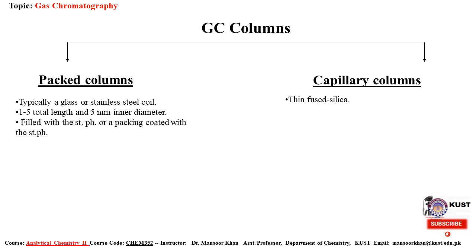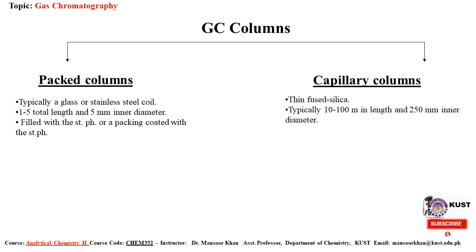On the other hand, capillary columns are in the form of a capillary, in which the stationary phase is present on the inside of the capillary. Thin fused silica is coated on the inside of the capillary, which acts as a support material and also as a stationary phase.